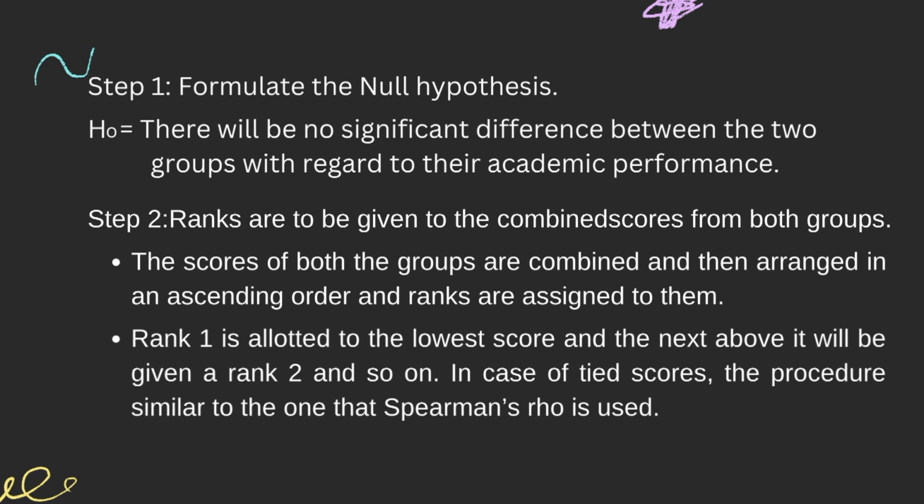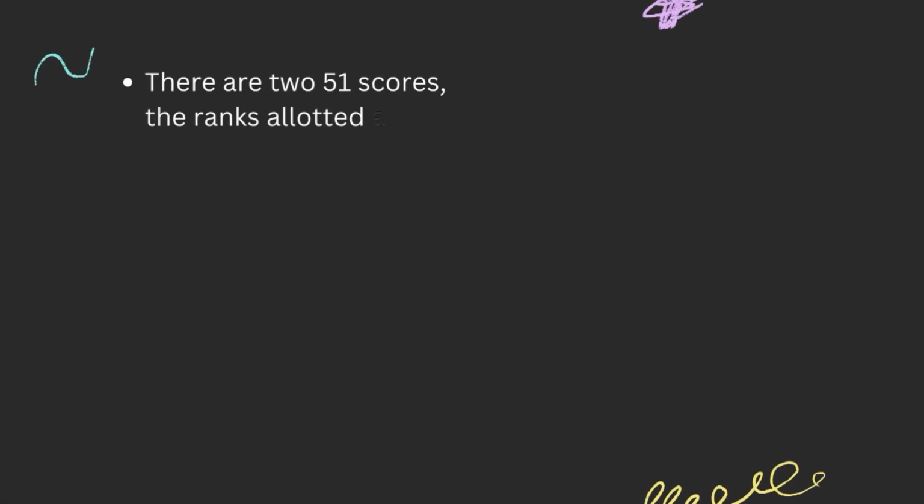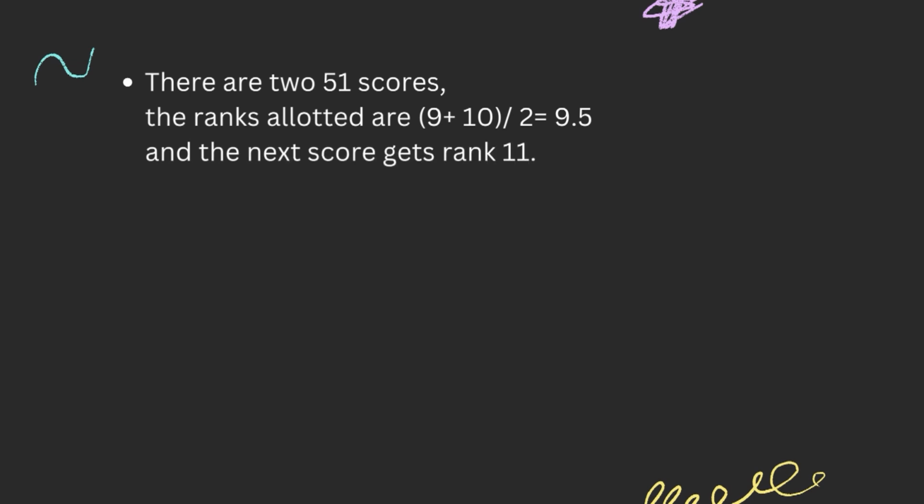Thus, there are two scores of 51. The rank allotted is 9 plus 10 divided by 2, that is 9.5. Two scores are the same: the score 51 has been repeated, its frequency is 2, meaning 51 occurs two times in the data set. So, what would be the ranking?